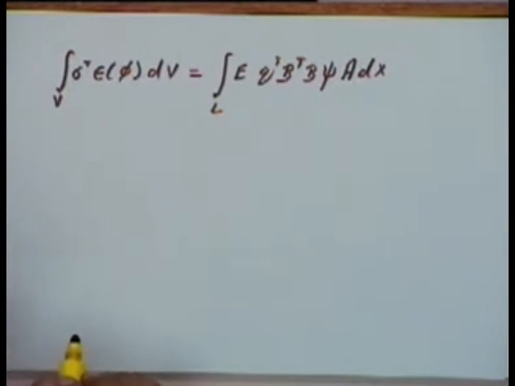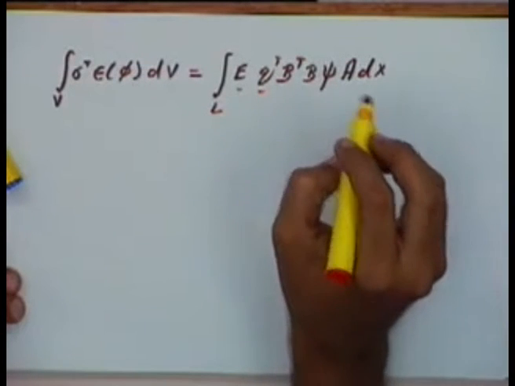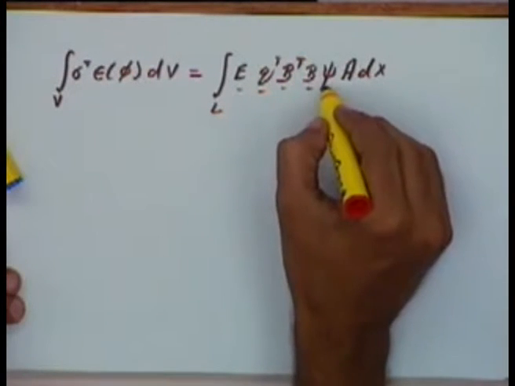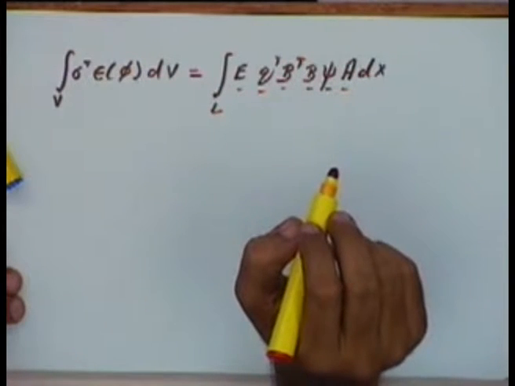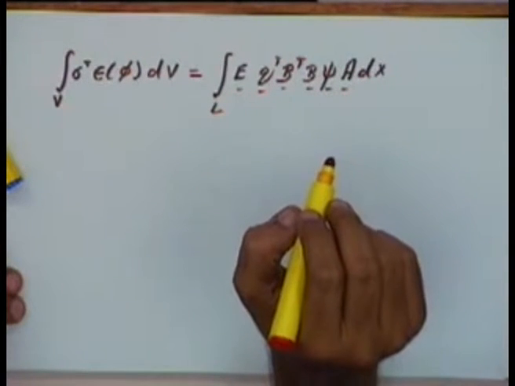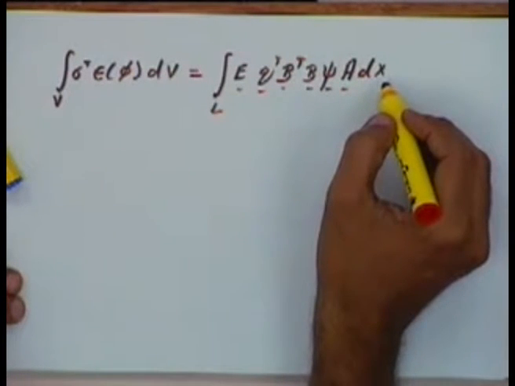Okay, and now in this you will notice that E is a constant, Q is a constant, B transpose B and psi and A, they are all constants. They don't change with x, and the integral of dx is nothing but the length of the element.